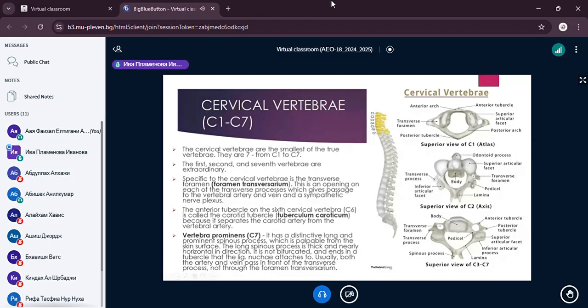And for example, this is C3. We have body, an arch with pedicles and the 2 laminae. Again, transverse processes. And superior and inferior articular facets for the adjacent vertebrae.